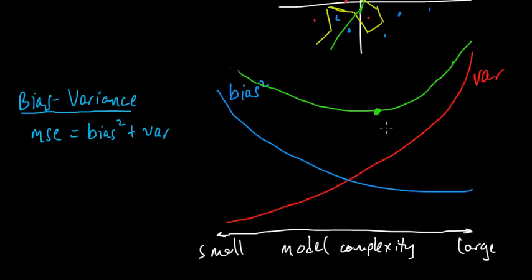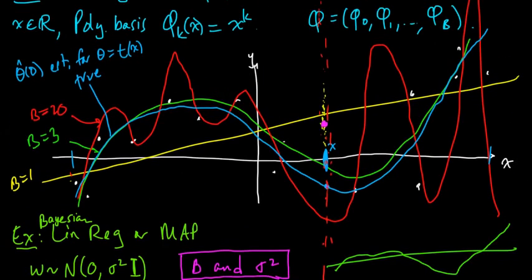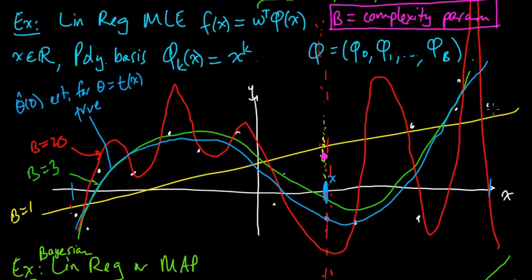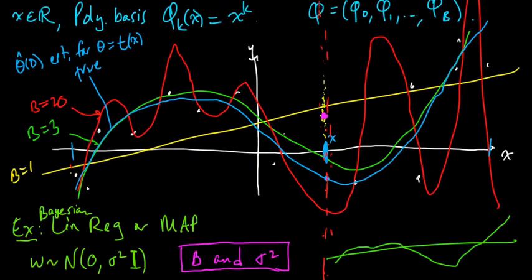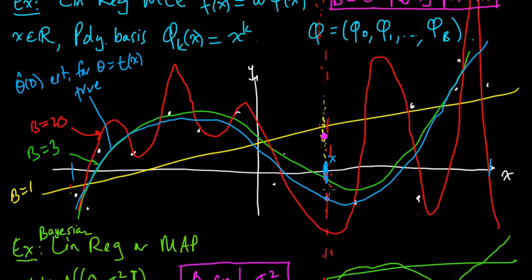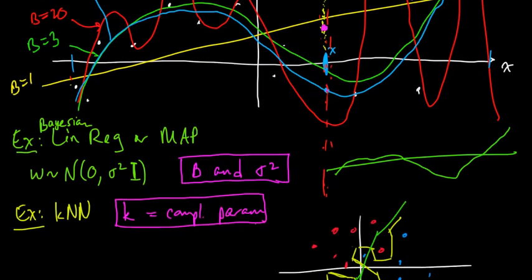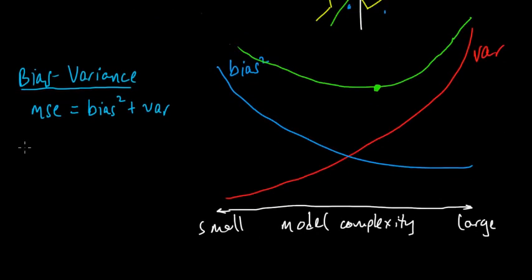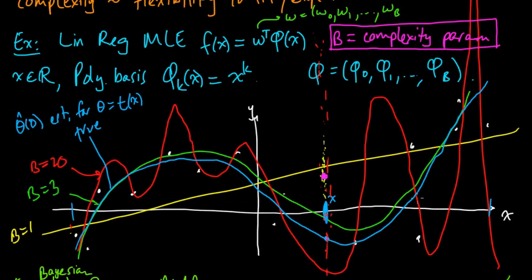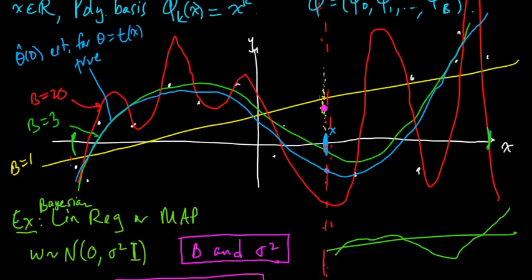So I hope that all made sense to you, and I think the regression example is always a nice one to come back to to understand these concepts. And let me say one other point on this: here we were talking about this estimator for a single x, right? But you could also define, if you were to integrate the mean squared error over the range of x's, if it was this finite range here, then you would get a similar decomposition.